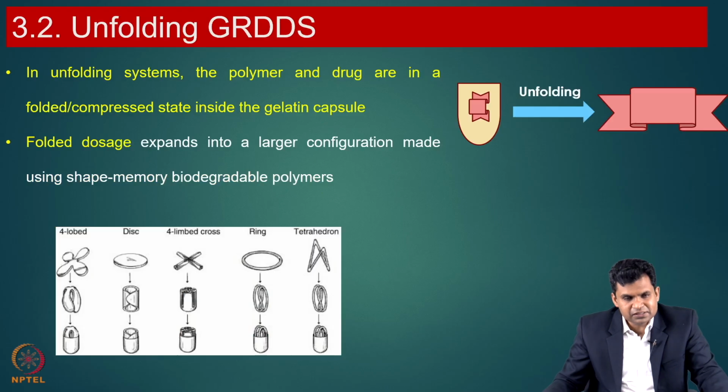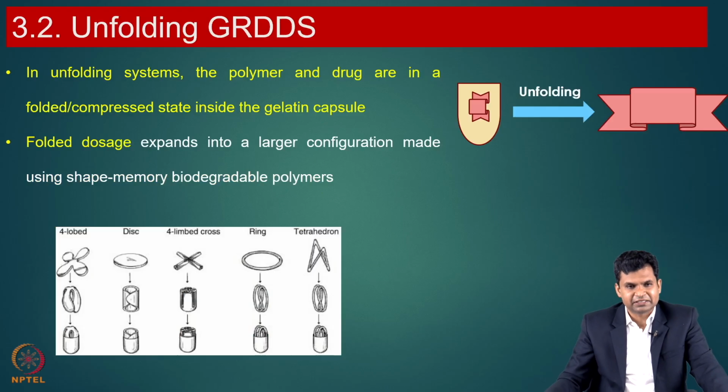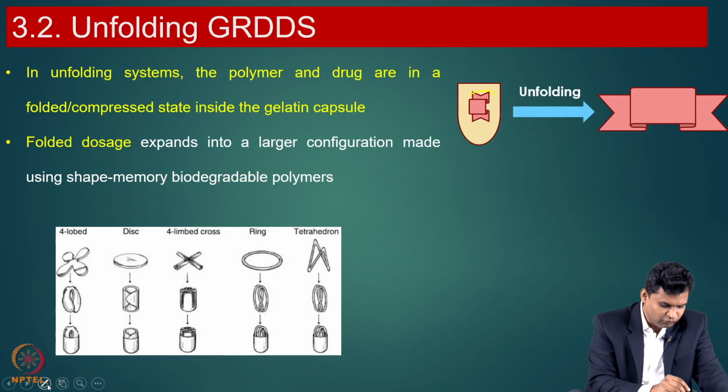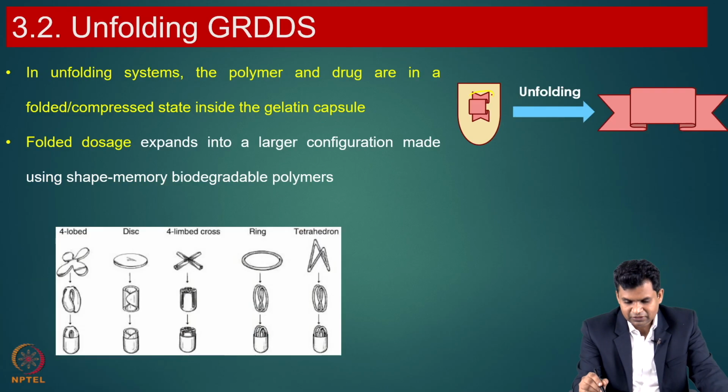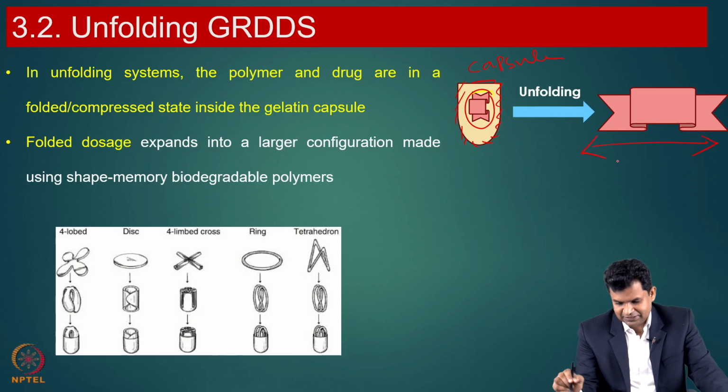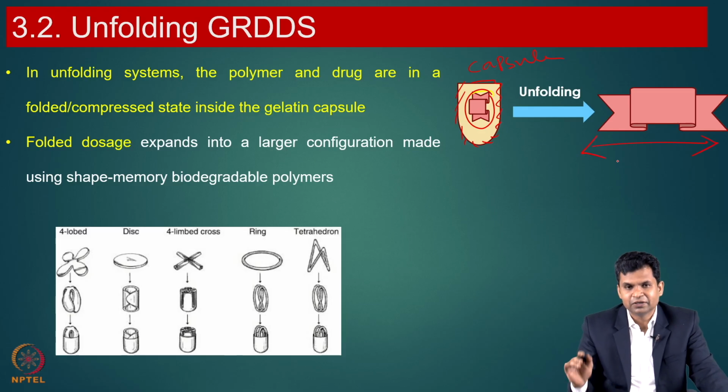The other one is the unfolding gastroretentive drug delivery system. As I mentioned, we fold the final formulation in a capsule. After administration, the capsule will disintegrate in the stomach, then it will take fluid from the GIT and expand in size. This helps in avoiding gastric emptying.